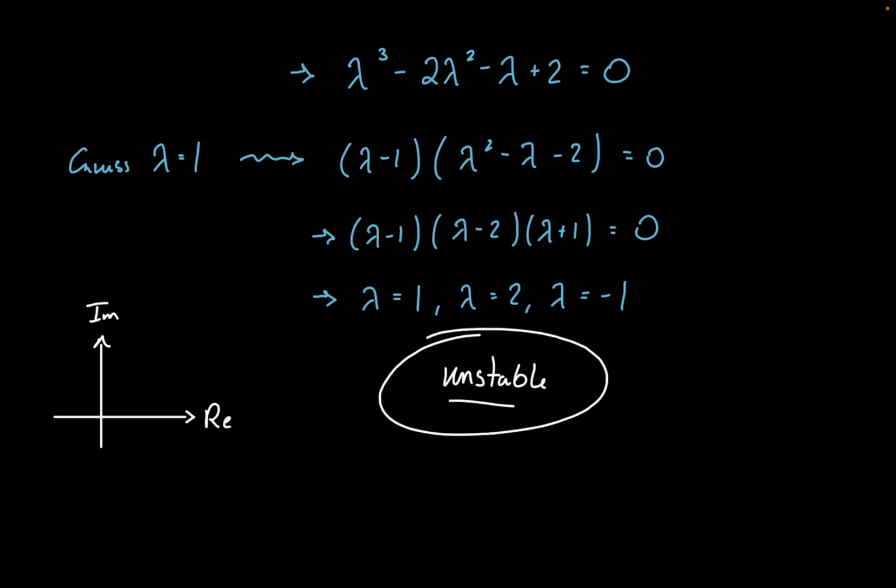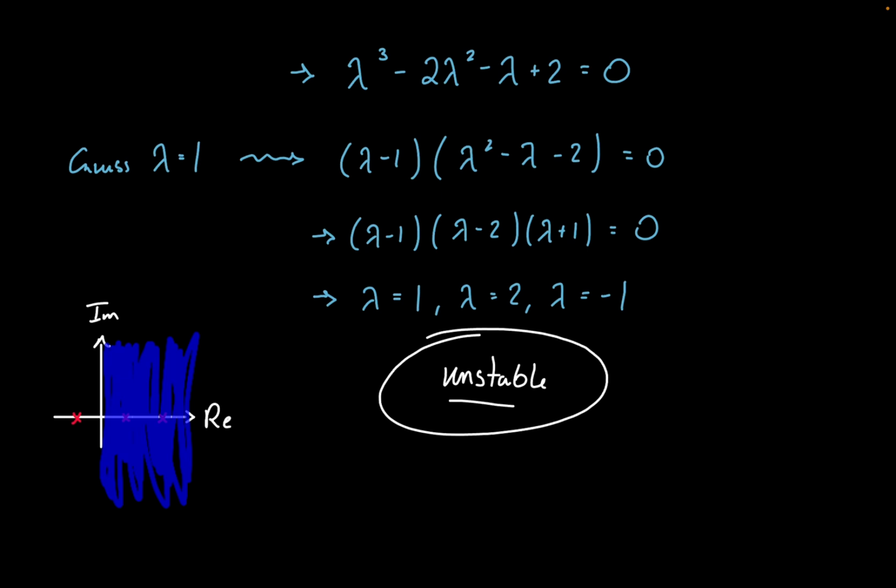We're going to have one eigenvalue at 2, one eigenvalue at 1, and one eigenvalue at -1. Now, what we can see is whenever we have a positive eigenvalue, basically anything on the positive real axis, that will instantly be an unstable system.